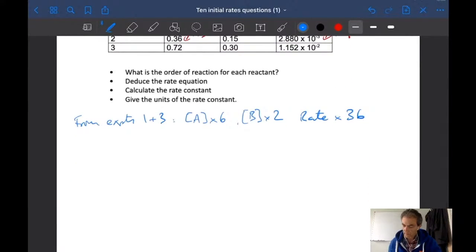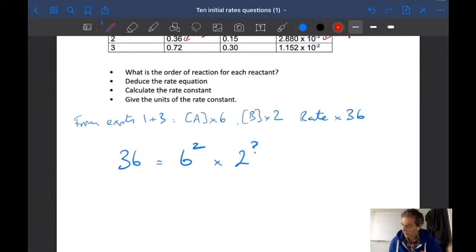Okay, so that increase in rate, that 36, has been brought about by a 6-fold increase in A. Remember, it's second order, so 6 squared, multiplied by that 2-fold increase in B raised to an unknown power.